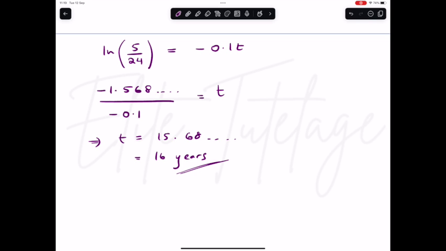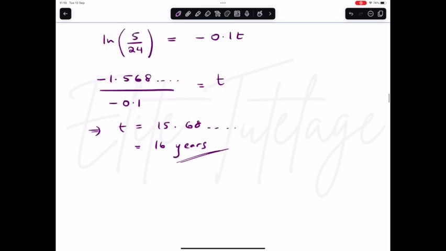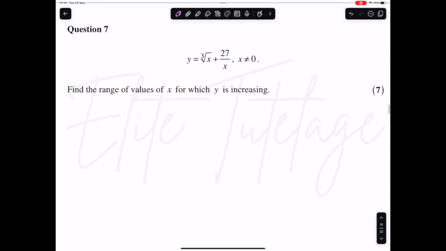So let's talk about question number 7, which is a y function, and we need to figure out the range of x for which y is an increasing function. That is when dy over dx is greater than 0. So we just have to differentiate this.